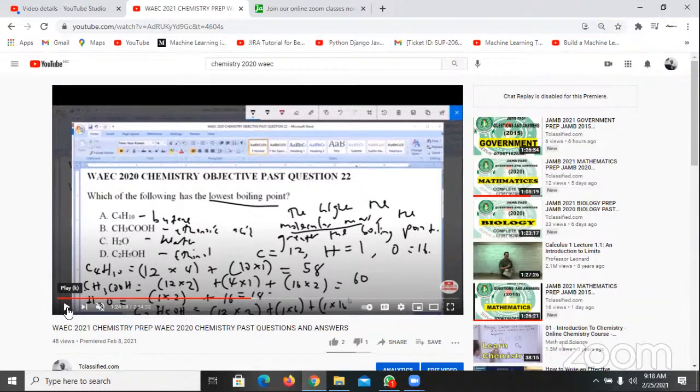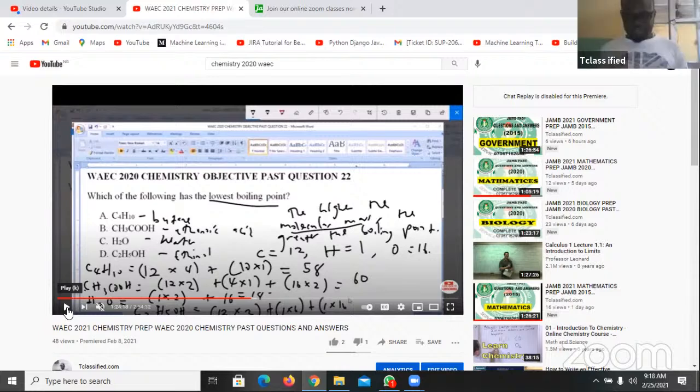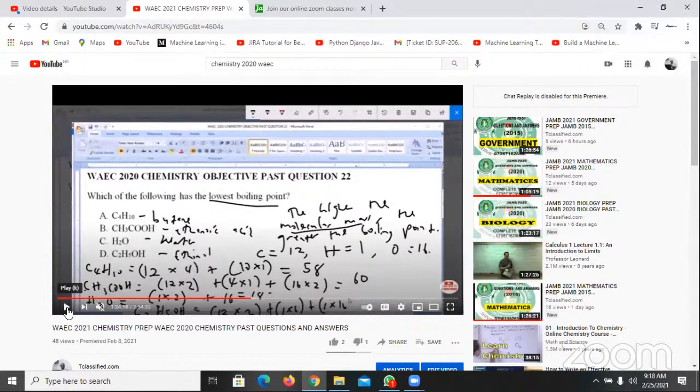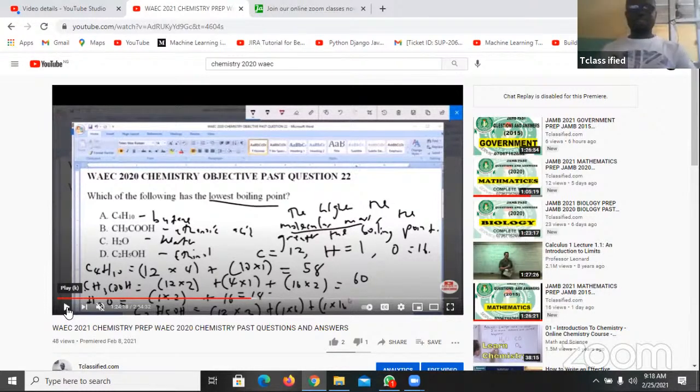But if they are not the same, then molecular mass will not be the best way to calculate. So what way will be the best? Like now, water is not the same as these other compounds.